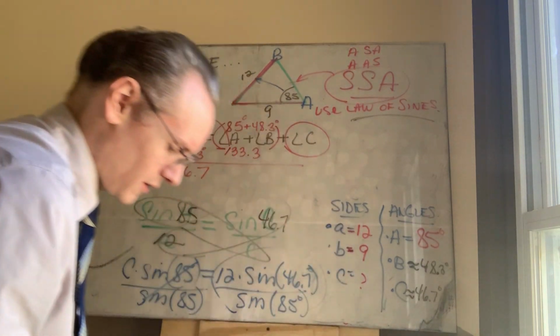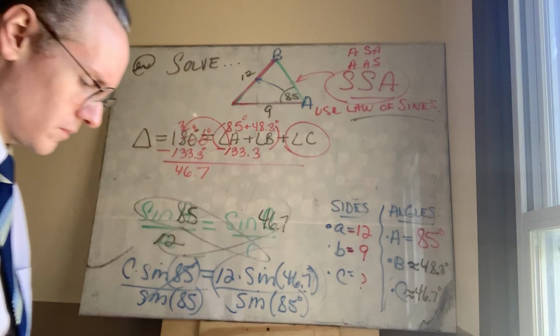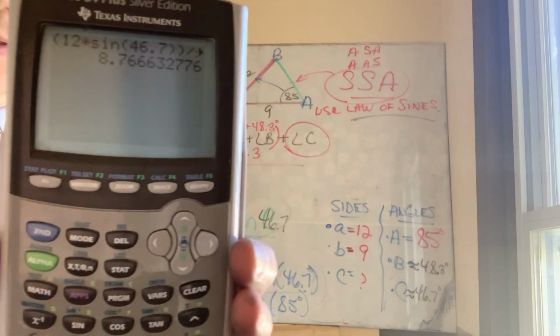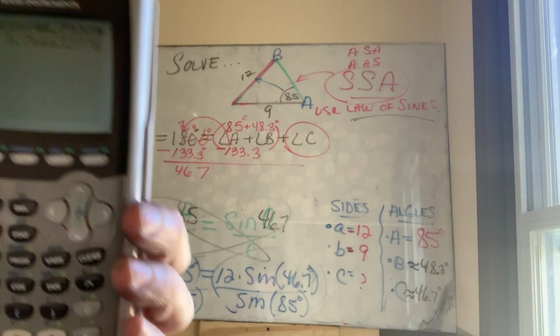So to verify really quickly, 12 times the sine of the unfortunate 46.7 degree angle, to speak so disparagingly of it, over the sine of 85. Right, should get 8.7, looks like sixes, yep, sixes.